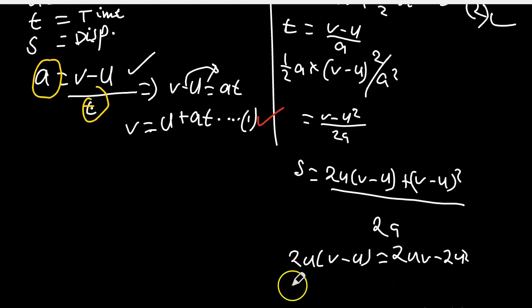And v minus u squared is equal to v squared minus 2uv plus u squared.